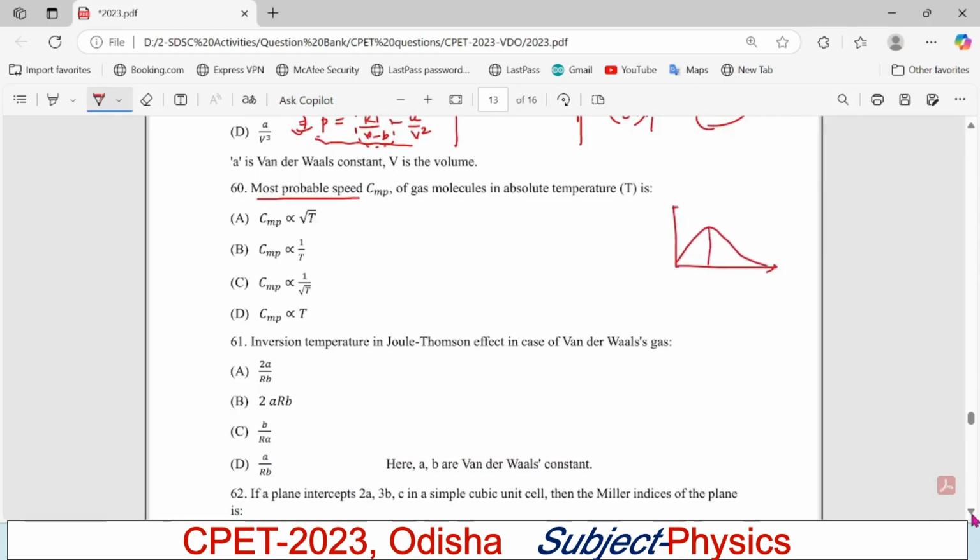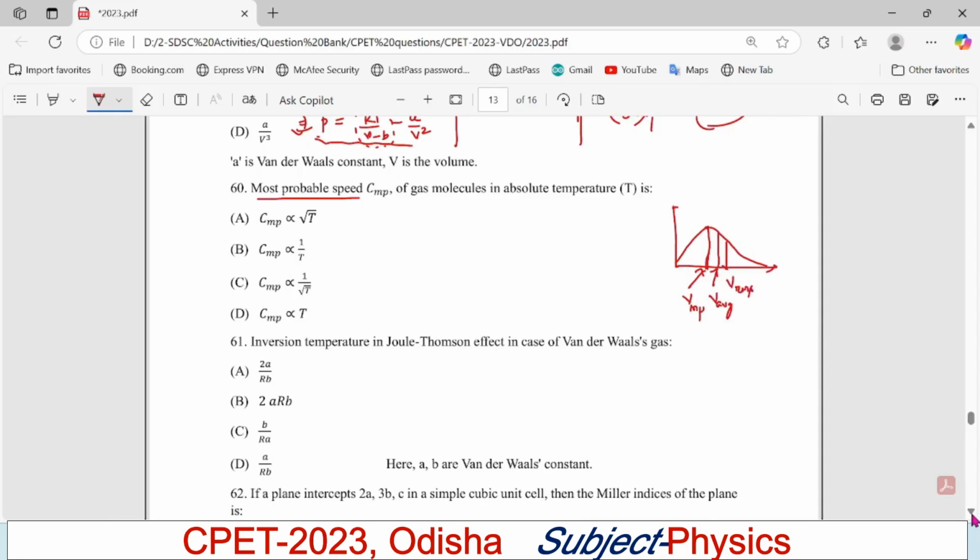This is the most probable velocity, then the average velocity, then the RMS velocity. RMS velocity is greater than average, and average is greater than the most probable velocity.